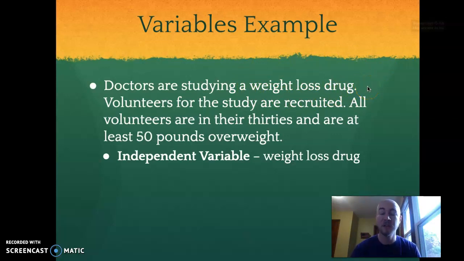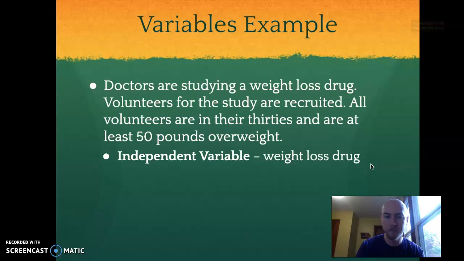So let's try this again. Let's ask ourselves the second question. What are we measuring? Right? What are we measuring? Well, the independent variable gets you a hint. If we're testing the weight loss drug, what can we measure about this to collect data? Right? Because remember, our experimental goal is we need to collect some sort of evidence, right? And evidence is that data, okay?